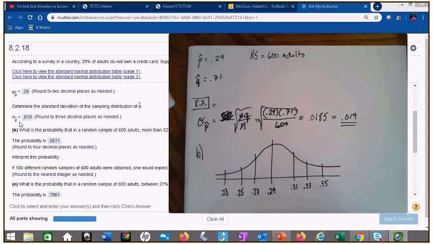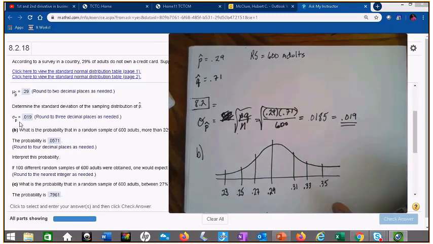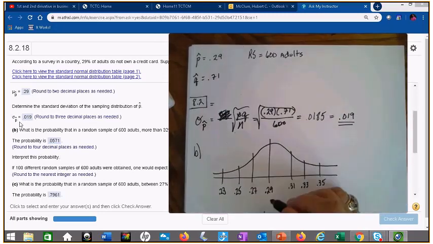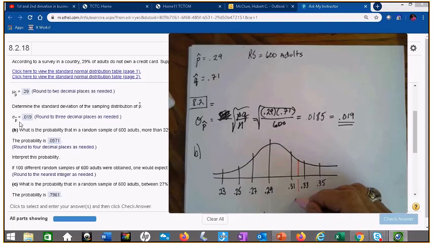But in this case, you've got to use this as a standard deviation, and you're going to calculate it. So anyway, here is 0.32. I'm going to use a different color for 0.32 right there.